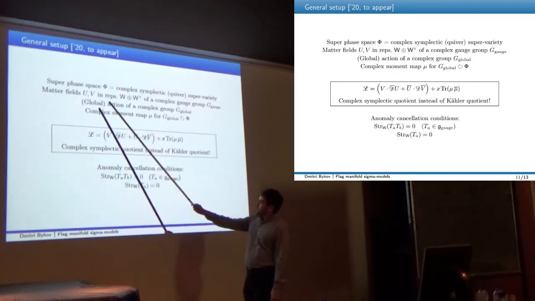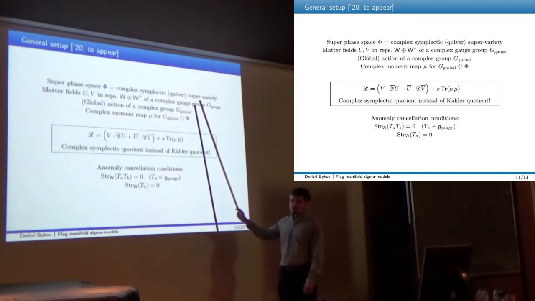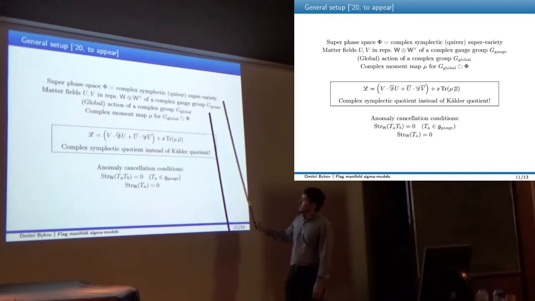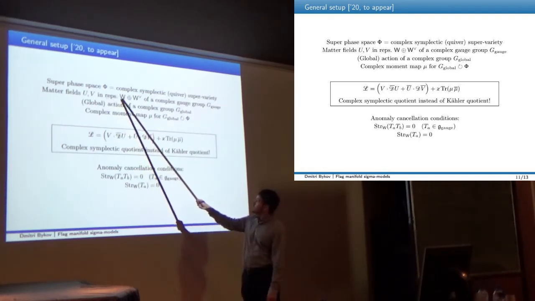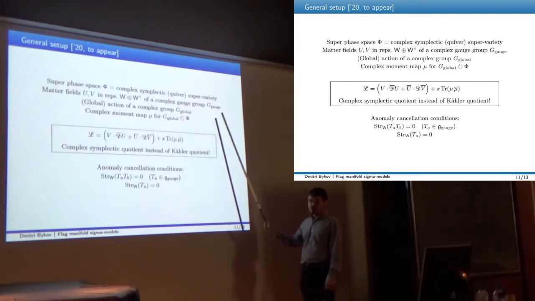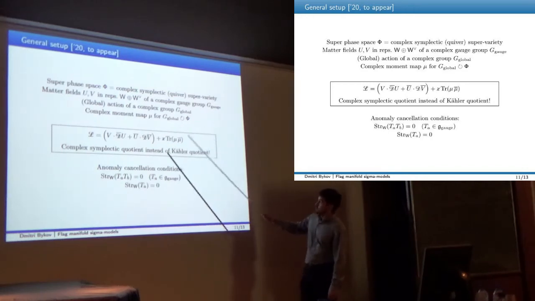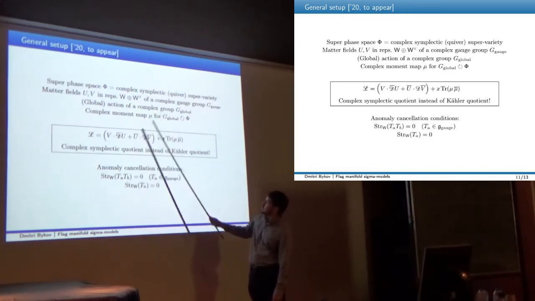So the setup is like this. You have a super phase space Φ, which is a complex symplectic quiver supervariety. And you have matter fields U, V in representations W and W dual of the complex gauge group G gauge. The quiver varieties have gauge groups at each node, and the matter fields are matrices mapping from one node to the other node. These are W and W dual.